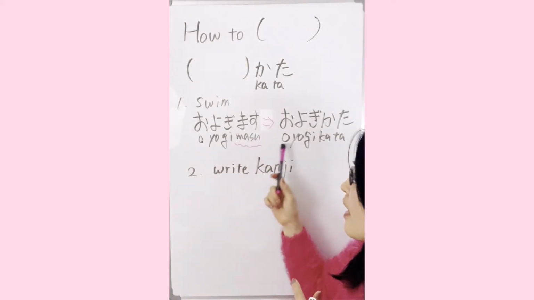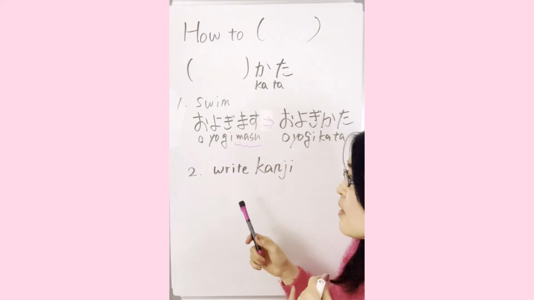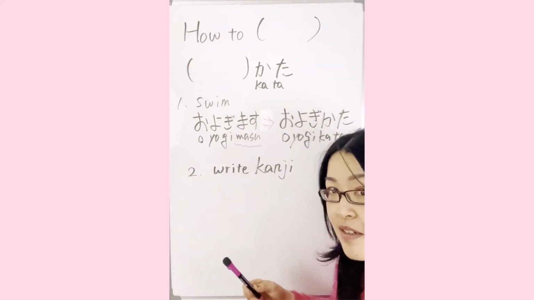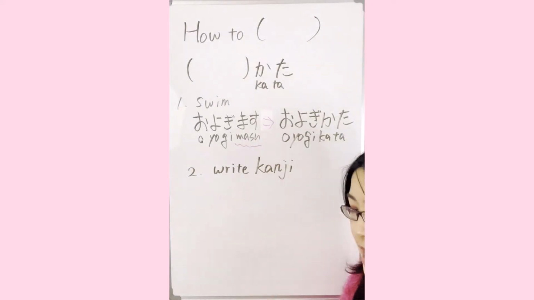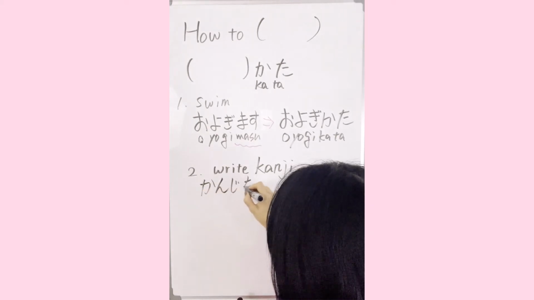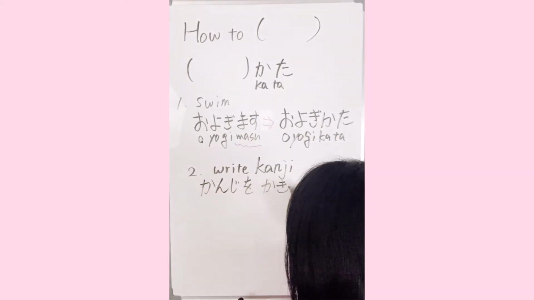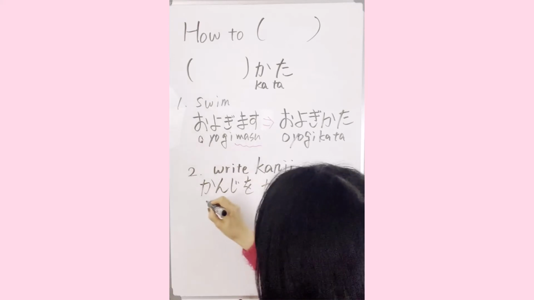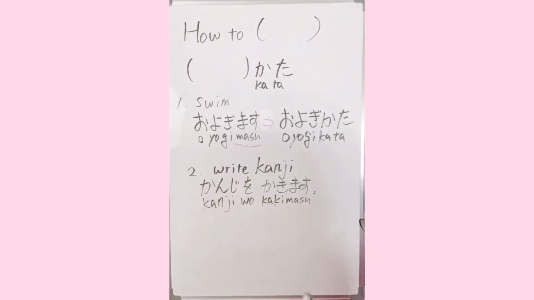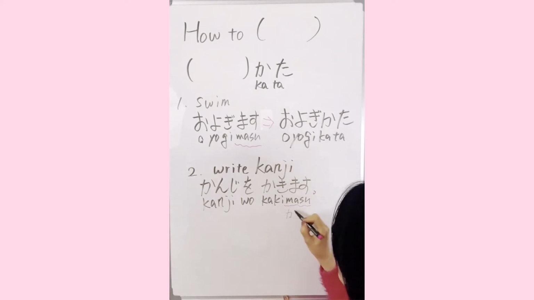For example, if you have something like an object to describe the verb, for example, write kanji characters, we say like this: 漢字を書きます。So when you mention how to write kanji, again we just delete the masu part and then add kata.